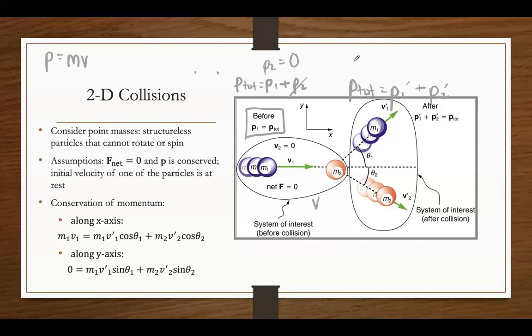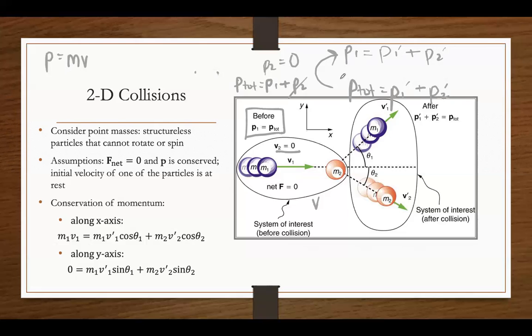Since conservation of momentum states that our total momentum before and after the collision should remain the same, we should have that P1 equals P1 prime plus P2 prime, in this case where the velocity of the second mass is 0.